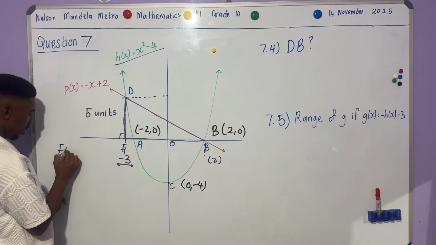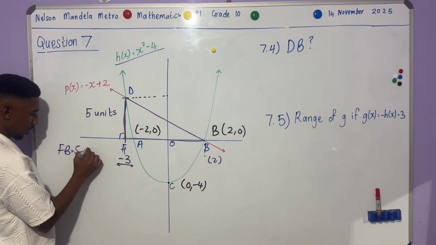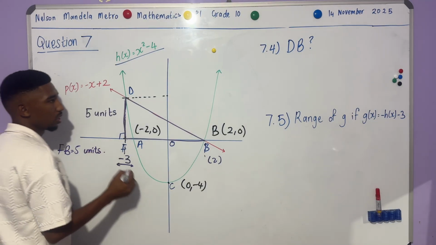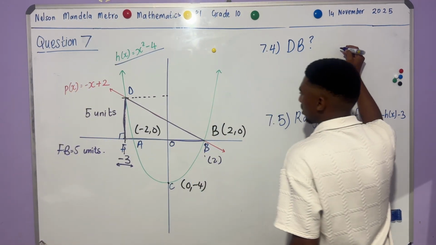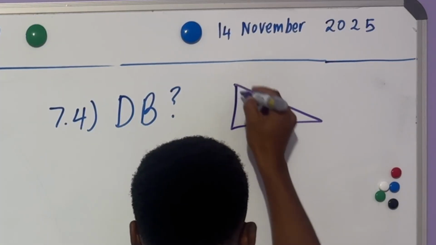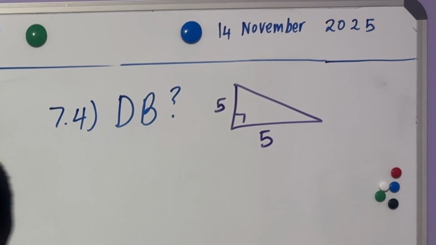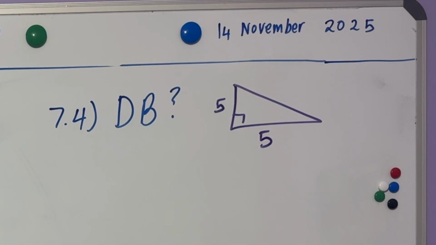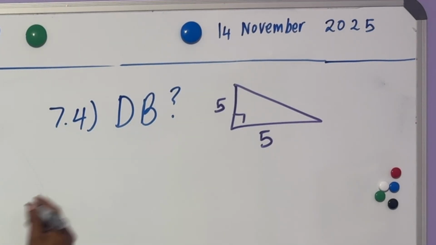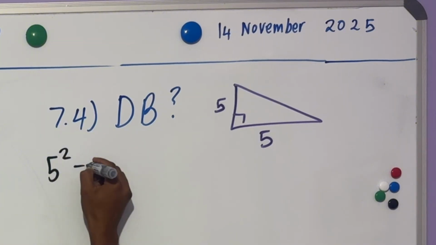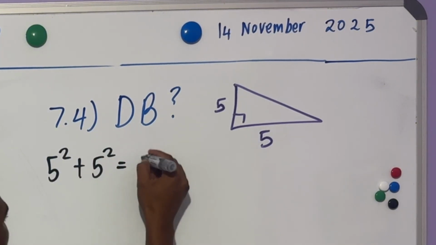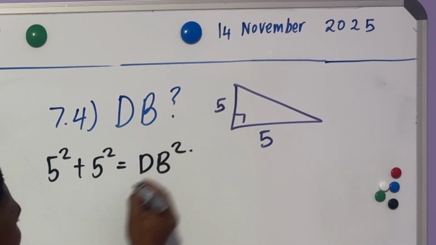And we're going to put this over here. I don't want to mess up the triangle. So I currently have a triangle that is like this. There's a 90-degree angle, 5 units, 5 units. We need to find the hypotenuse, which is DB. Now we know how to use Pythagoras. That's a right angle triangle. We're going to say 5 squared plus 5 squared equals DB squared.